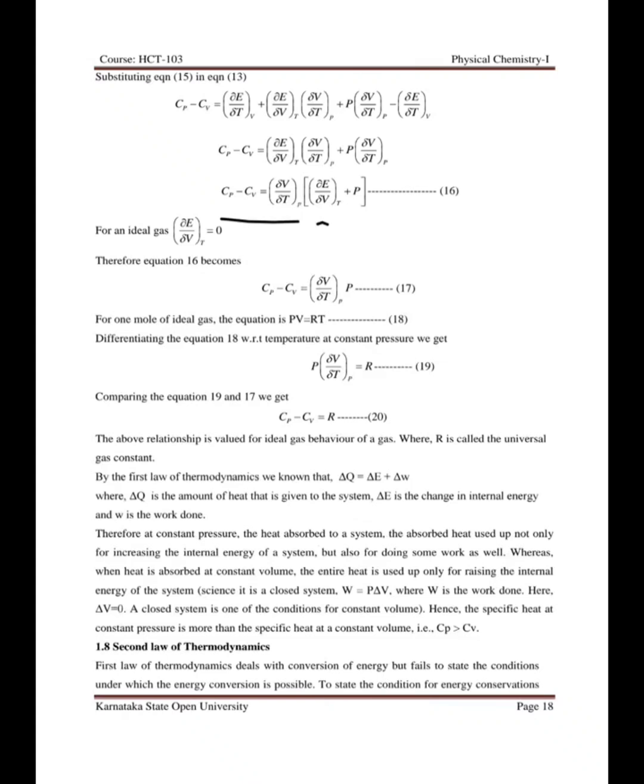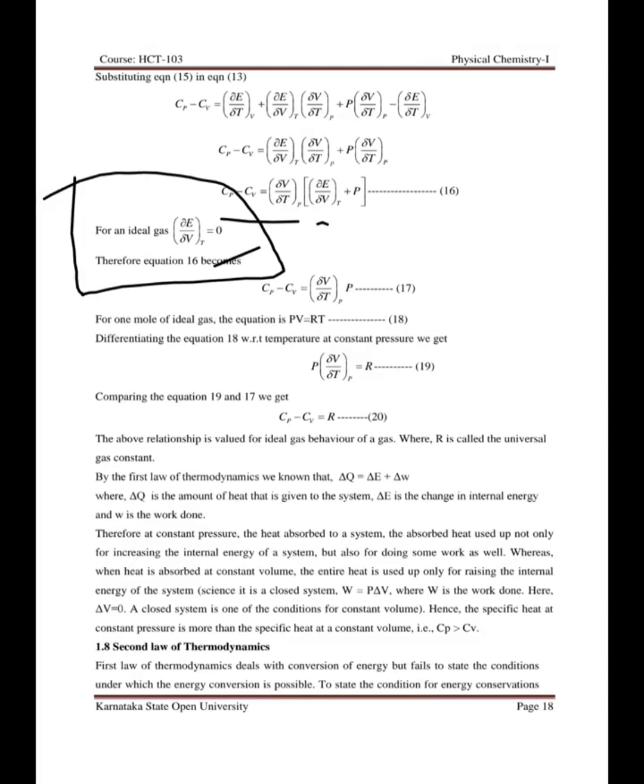And next, for keeping ideal gas as constant, ideal gas delta E by delta V with respect to temperature is 0.